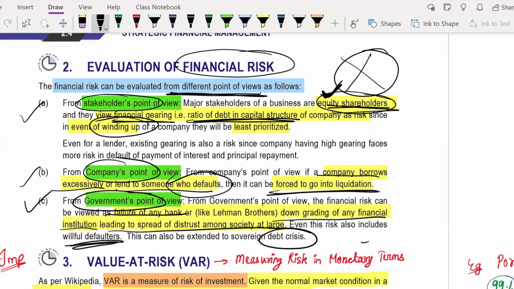From a government point of view, if any bank is caught up in this debt crisis, it is a financial risk, correct? Because that will then affect society at large. So these are the 3 points of view in terms of financial risk: the stakeholders' point of view, the company's point of view, and the government's point of view.